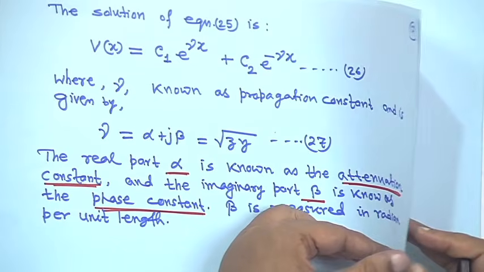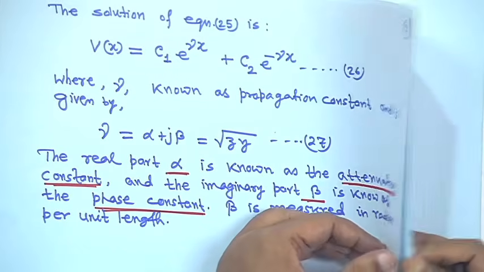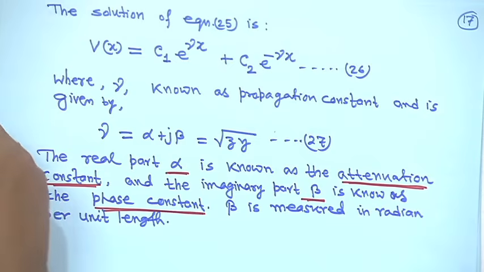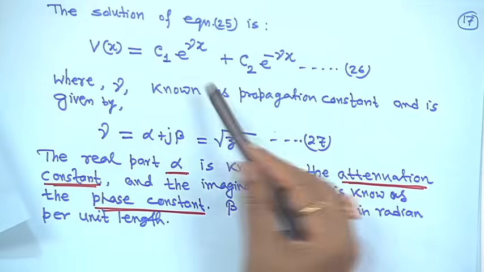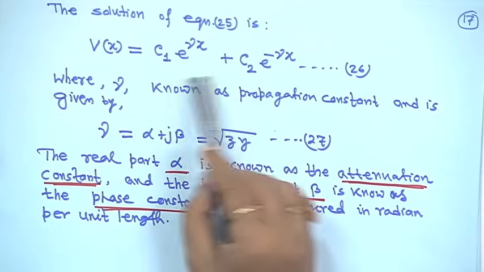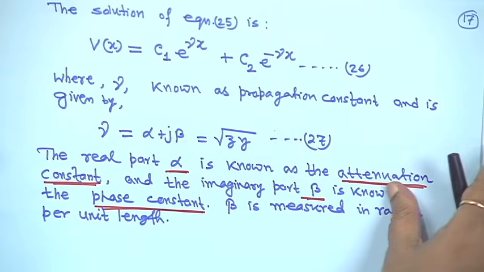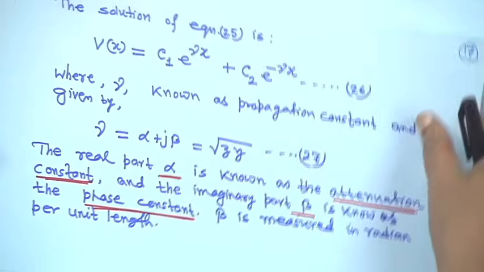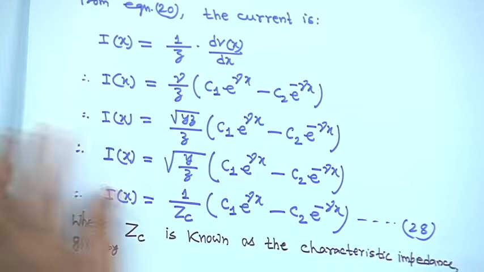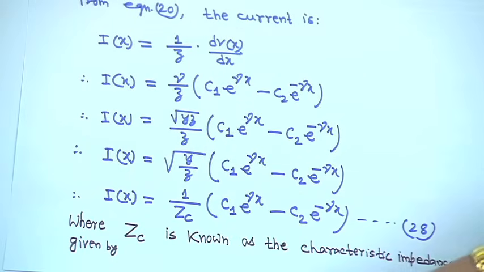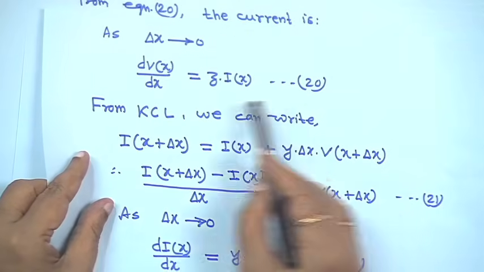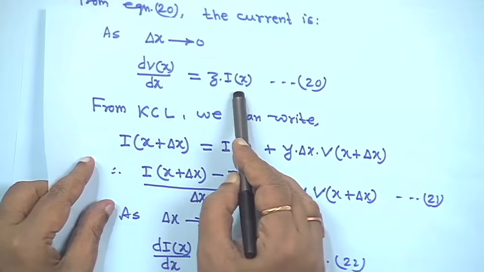So, next now we have to find out the constants C1 and C2. Now, from equation 20, that means from this equation, dVx/dx is equal to z into Ix.